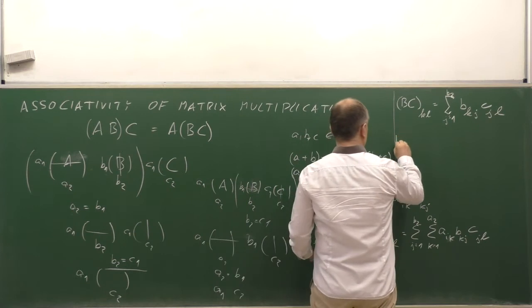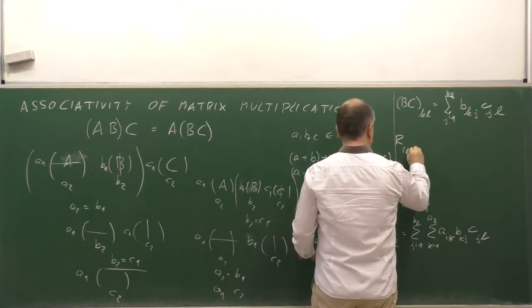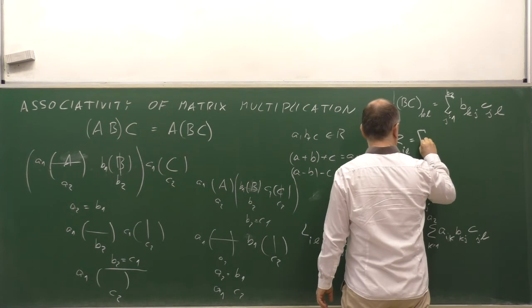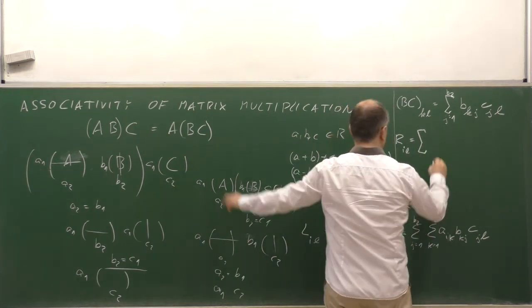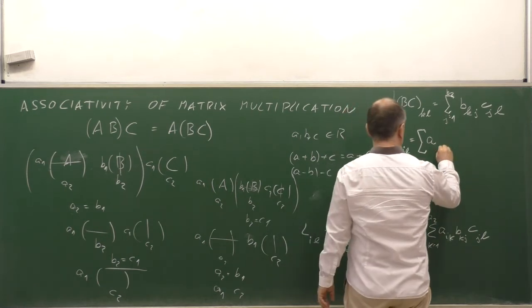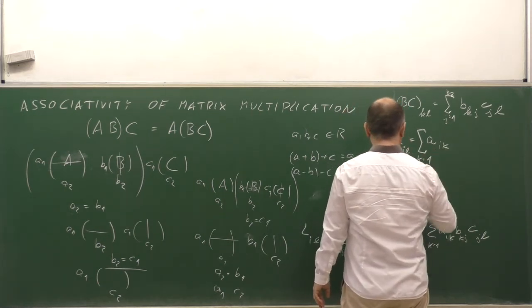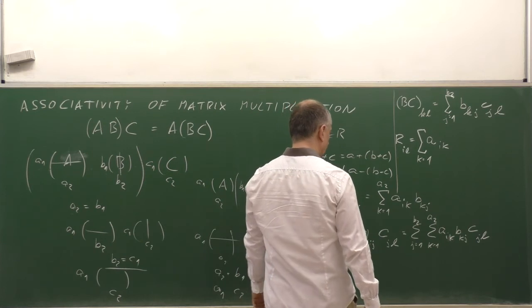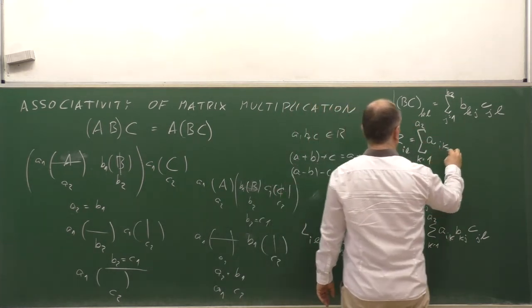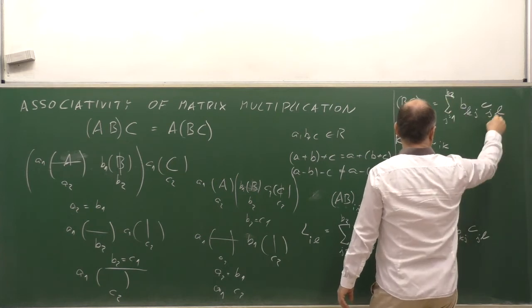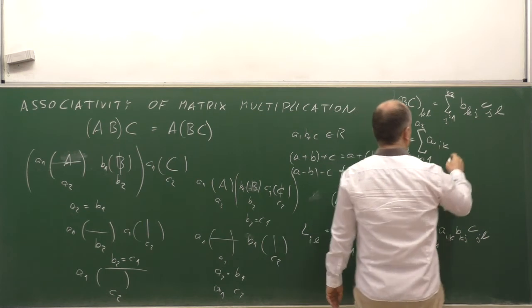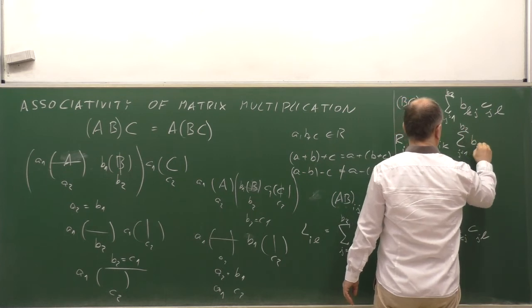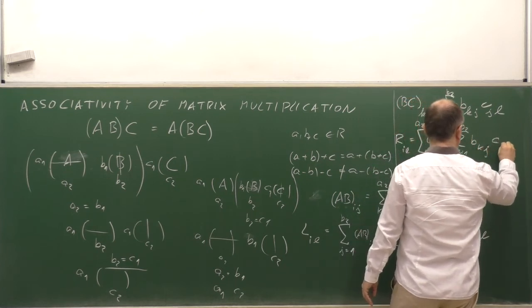And then on the right, the element il will be the sum of A_ik, k runs from 1 to A2, times this expression, (BC)_kl, and this is the sum for j running from 1 to B2 of B_kj C_jl.